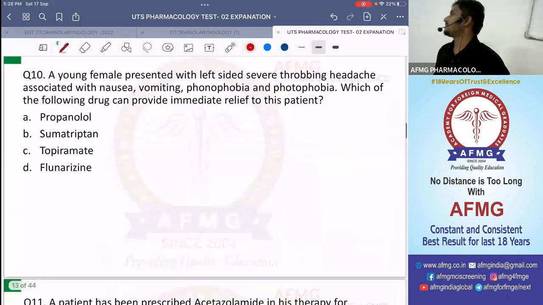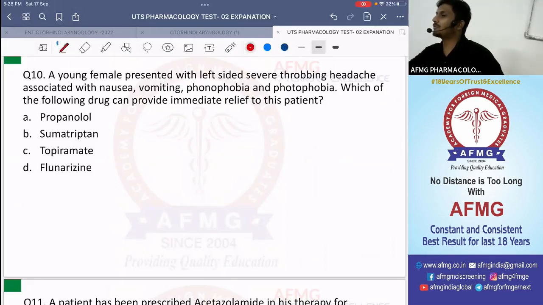Question number 9. These are the general pharma questions which usually ask either the graph or the lipid and water soluble drugs, or sometimes they can even ask you if an acidic drug is there, that would be more absorbed in which medium? Acidic or alkaline? More absorption takes place in the same medium. Acidic drug is more absorbed in acidic medium and alkaline drug more absorbed in alkaline medium.